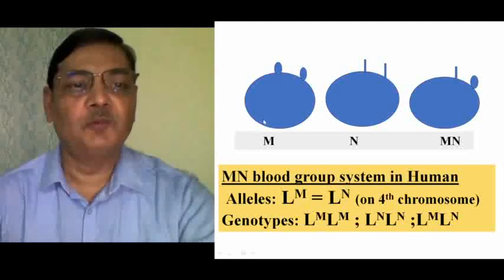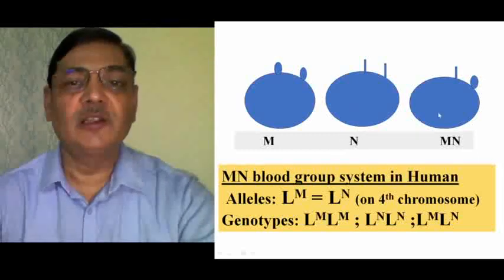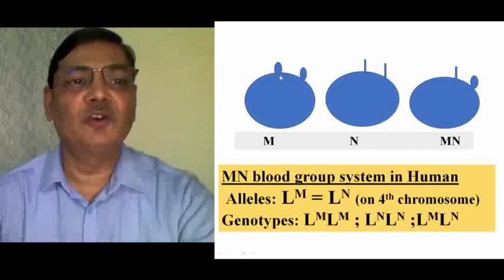In our human population, there are three different types of individuals. Individuals having M blood group, certain individuals may have N blood group, or there could be persons with MN blood group. So three types of persons are there. And the MN blood group is decided by the presence of two different types of native antigens, located on the external surface of RBC.